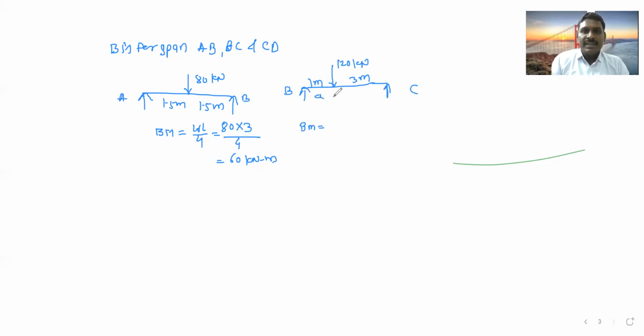This is A and this is B distance. What is the formula? WAB upon L. So W is 120, A is 1 meter, B is 3 meter, divided by total L, A plus B, how much? 4.